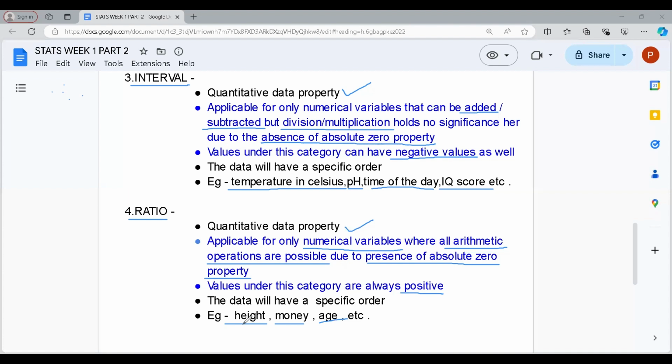And you can have the minimum height and the maximum height. You may want to subtract the minimum from the maximum to get the range of height of the people in the class. And similarly, you can say that one person's height is double another's or something like that. That means all kinds of arithmetic operations are valid in the ratio scale of measurement.